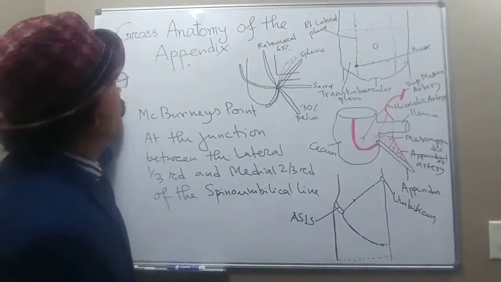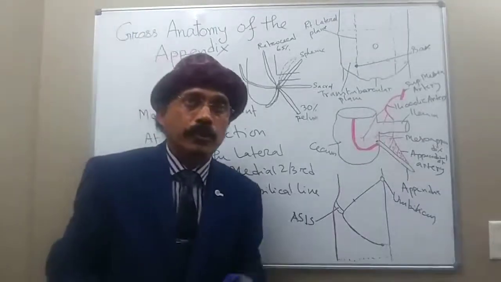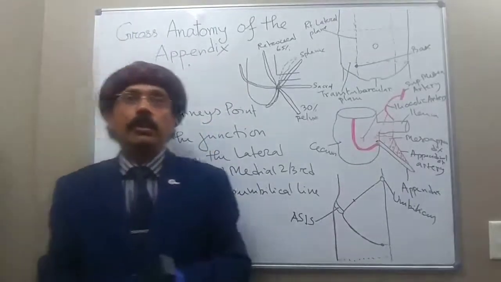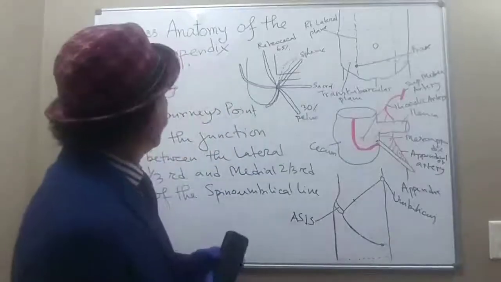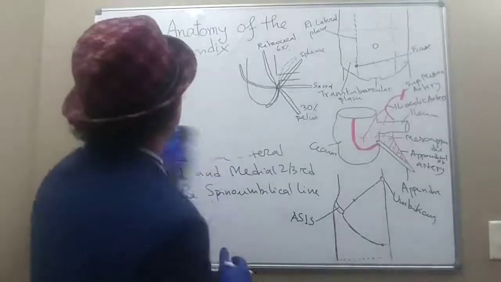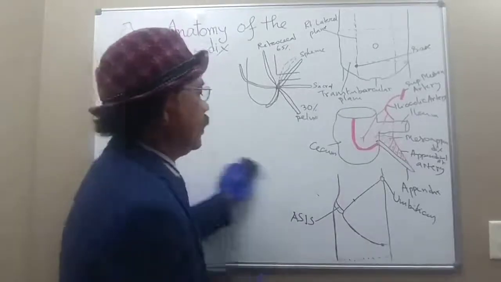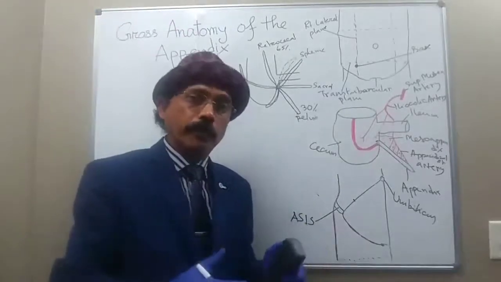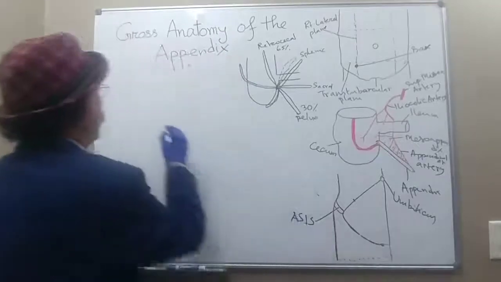So we got the position, base, body, tip, and how the opening is guarded. The appendicular opening may be guarded by a mucosal fold. It may be present, may not be present.